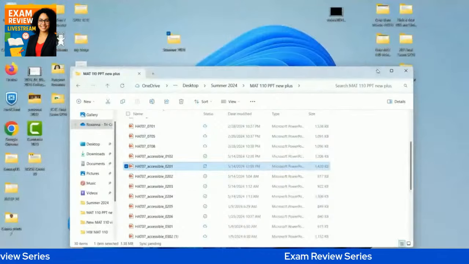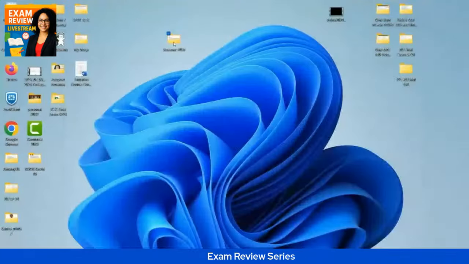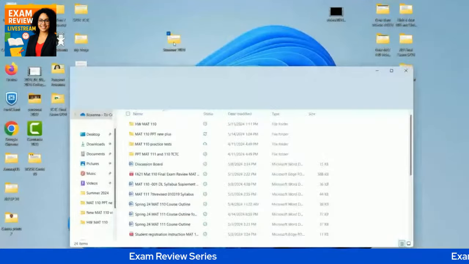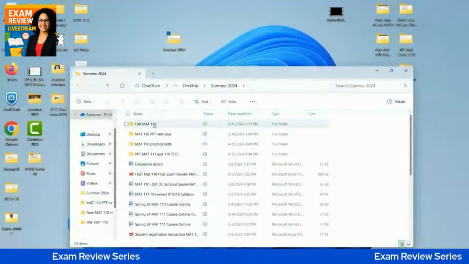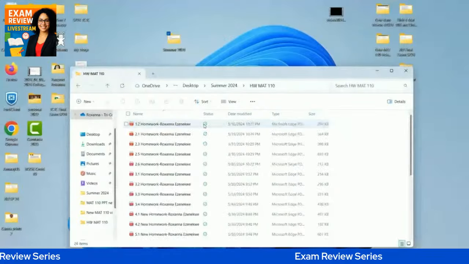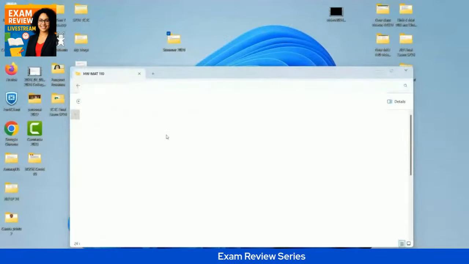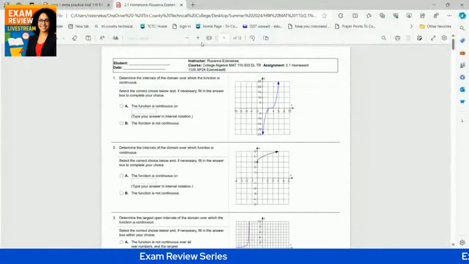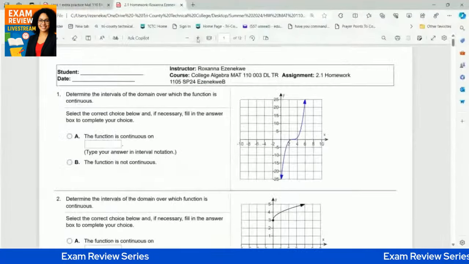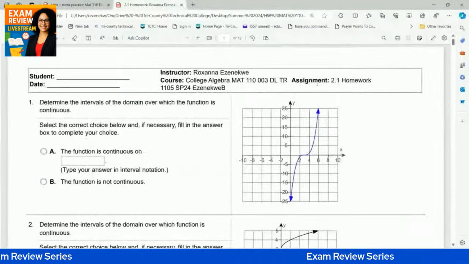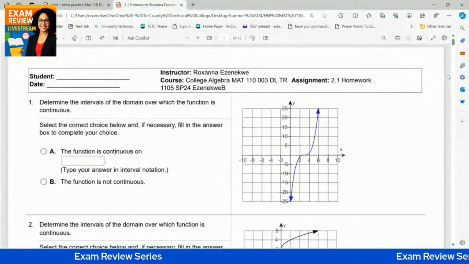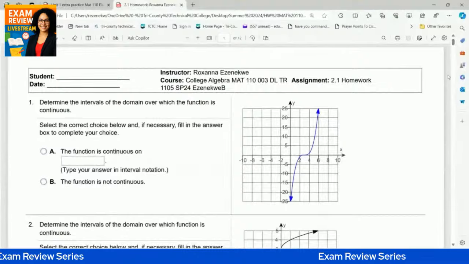All right, so let me go here. For 2.1, you have this homework. When you log into MyLab Math, this homework is actually there. Remember that the test will contain 7 sections, and this is the second section we're talking about today.